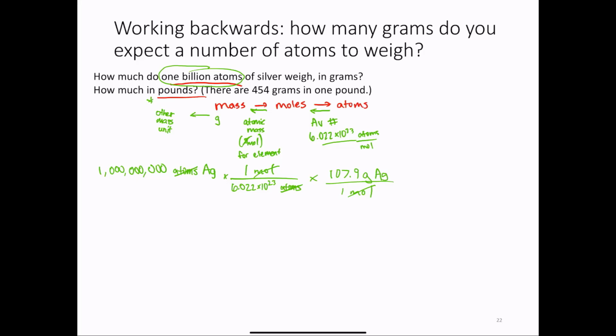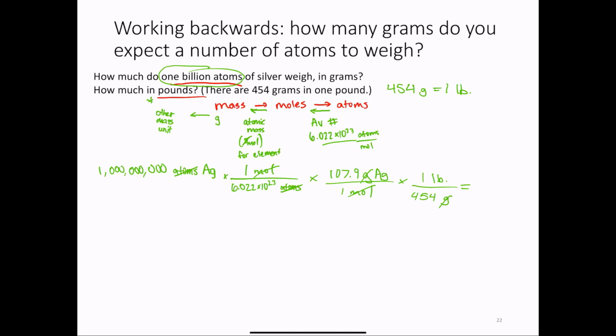Okay, so we've got 454 grams is equal to 1 pound. Okay, so we want to end up in pounds, so we want to multiply by 1 pound per 454 grams. Okay, and then the grams cancels out, and whatever this number is, that gives us an answer in pounds.